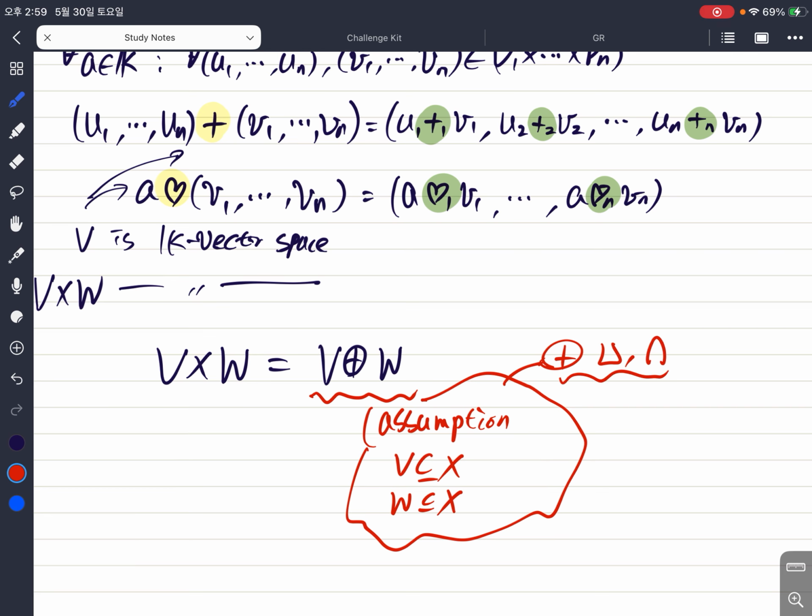Of these operations, maybe union we don't need because unions are not interesting. Plus and intersection are all defined on subspaces in between.